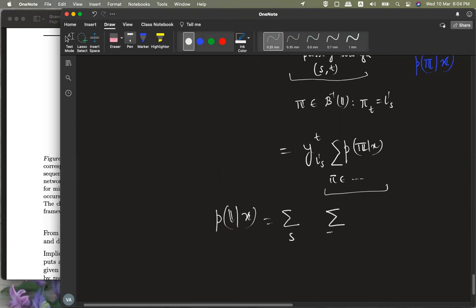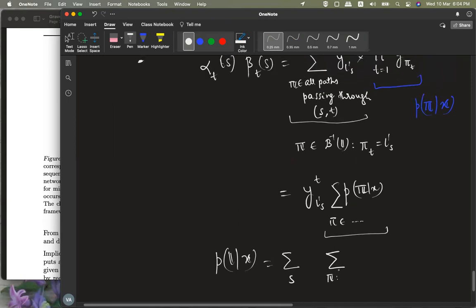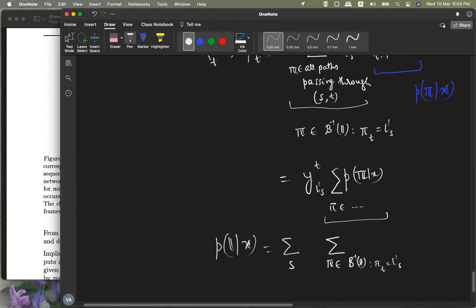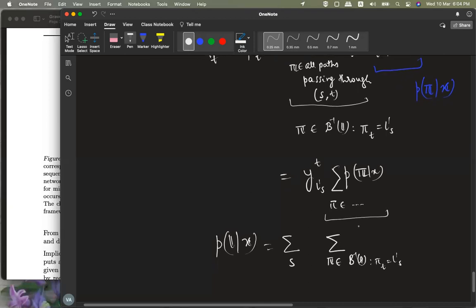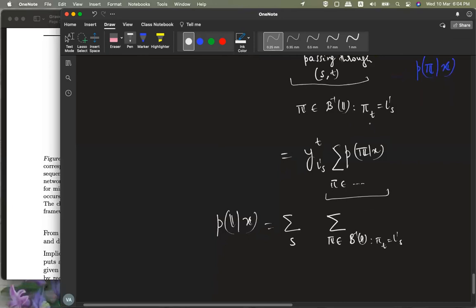Probability of pi such that pi belongs to B inverse L such that pi t equal to L dash s, right? Basically all paths which pass through s comma t. And if you sum over all s for this P pi given X, then you are getting the probability of all possible paths. This is a very important formula.